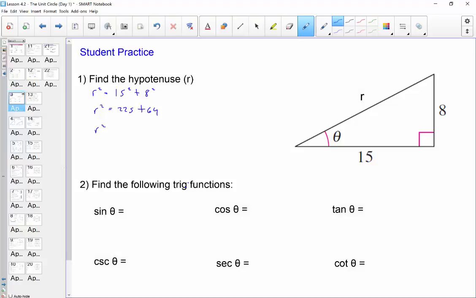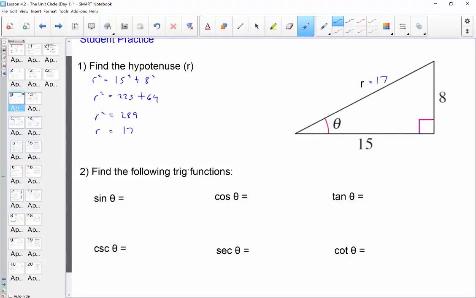So r squared equals the sum total, 289. And if we take the square root of both sides, we'll get r equals 17. So the hypotenuse is 17, and we now know all three sides of the triangle.